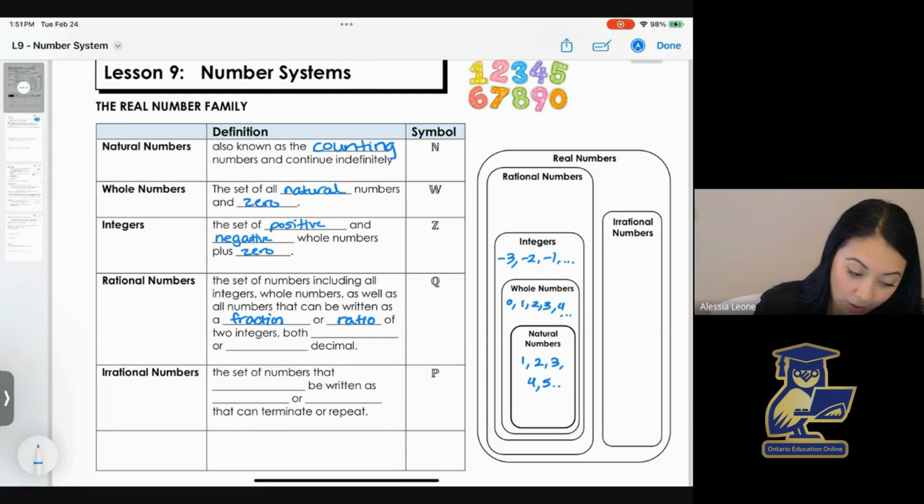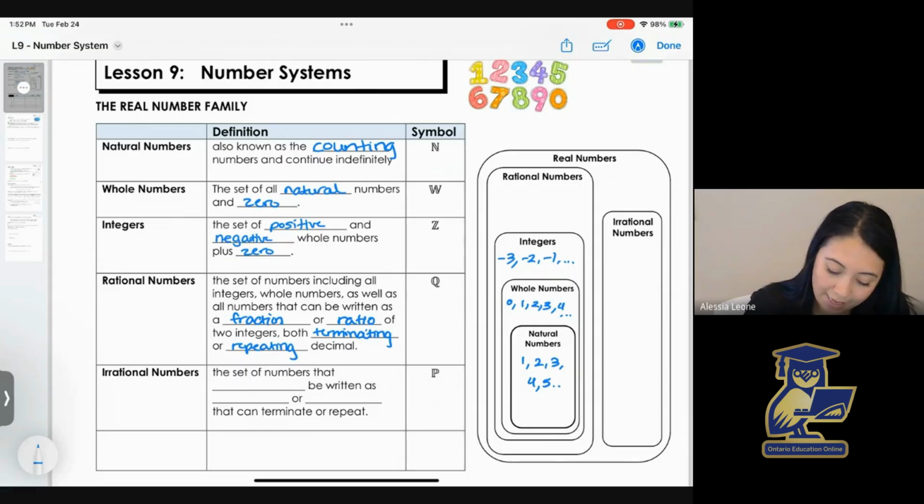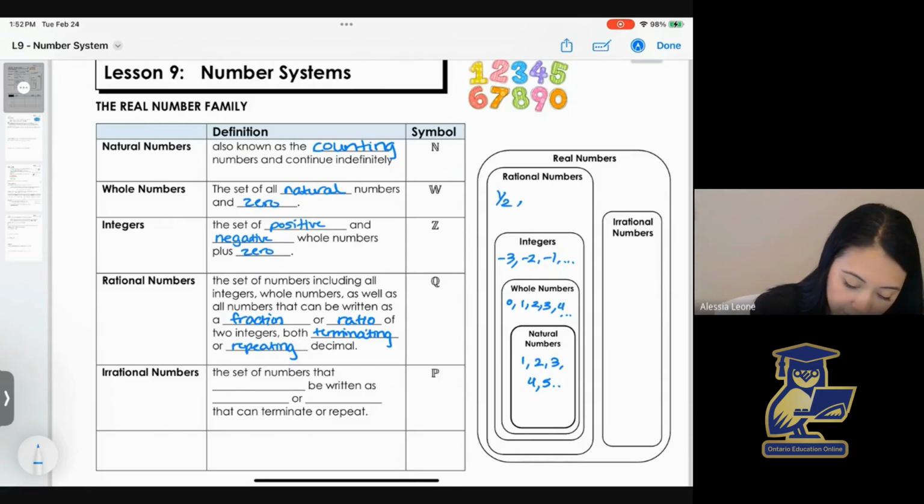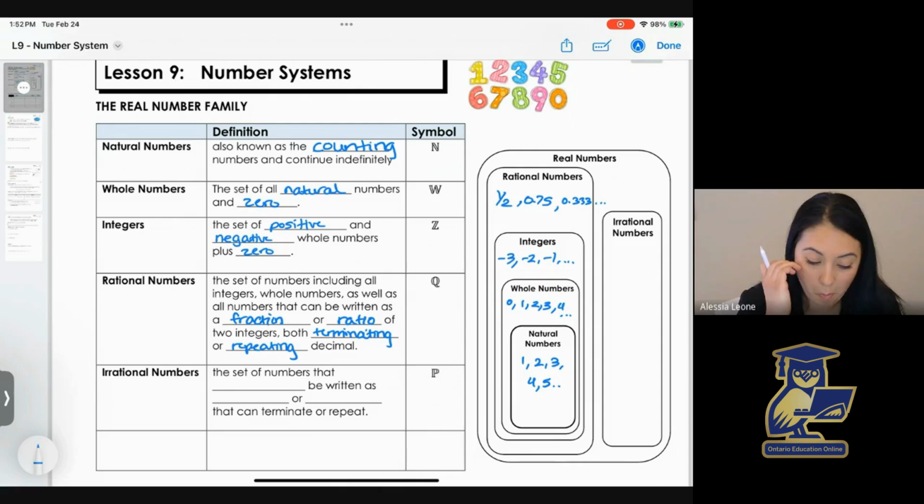And they are either terminating or repeating decimals. An example of a rational number could be 1/2, half, or it could be a decimal, 0.75, or it could be 0.333, and so on.